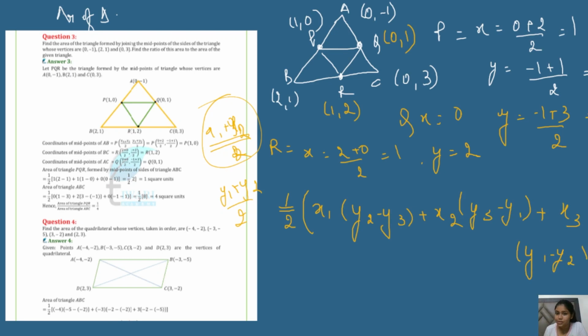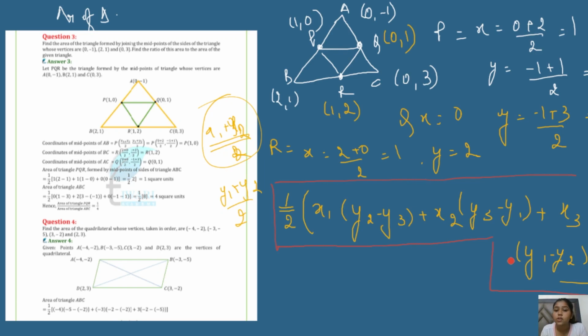I hope that's clear to you. This is the whole formula for finding out the area of the triangle. So what you will do is, as you know all the points, just incorporate those points in this particular equation and you will be getting your area of the triangle. Am I right?